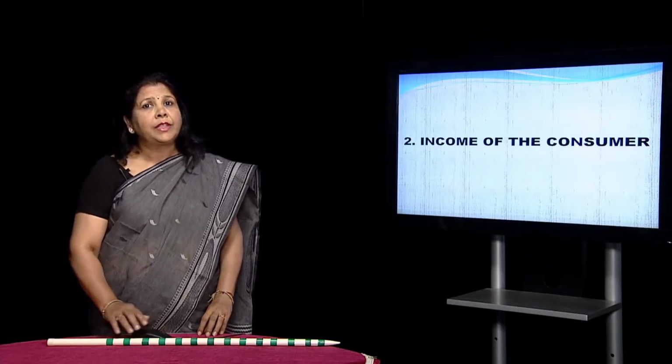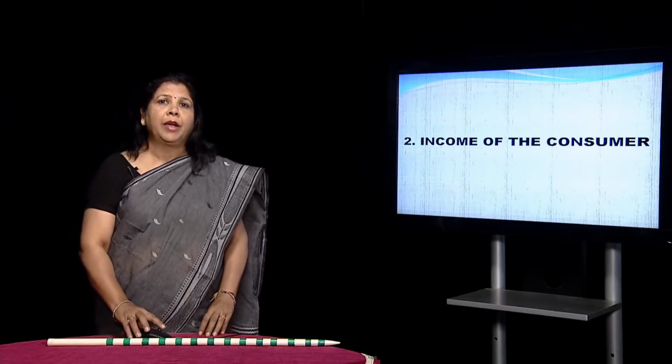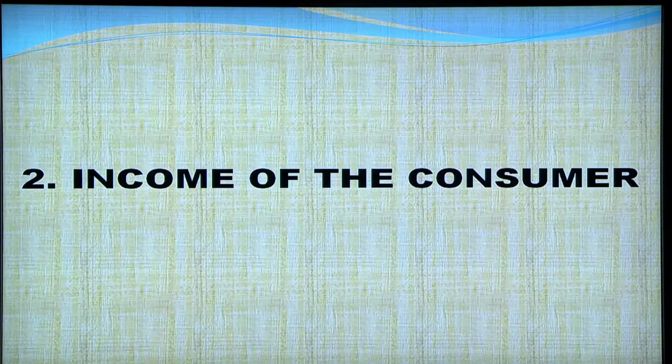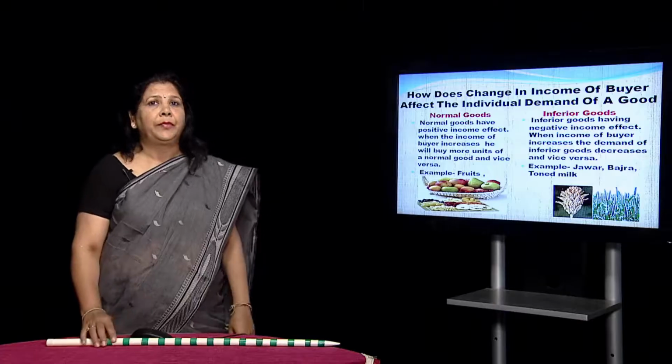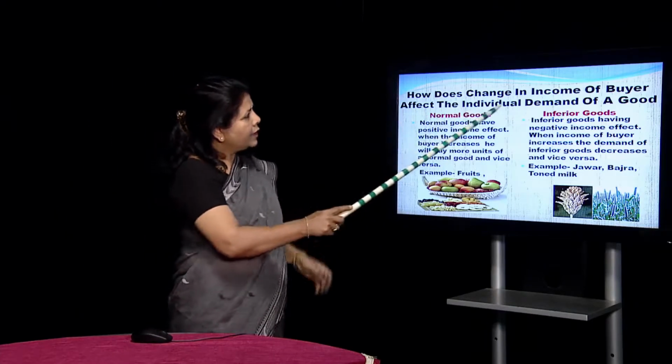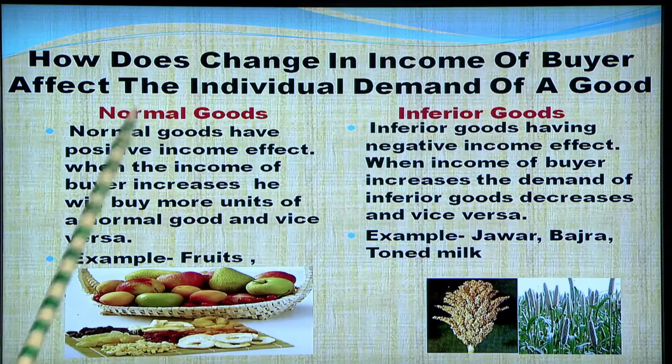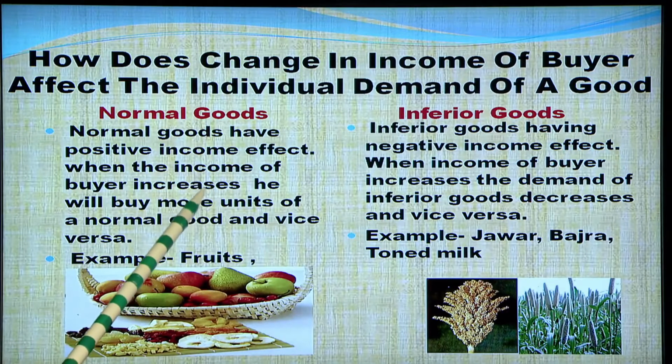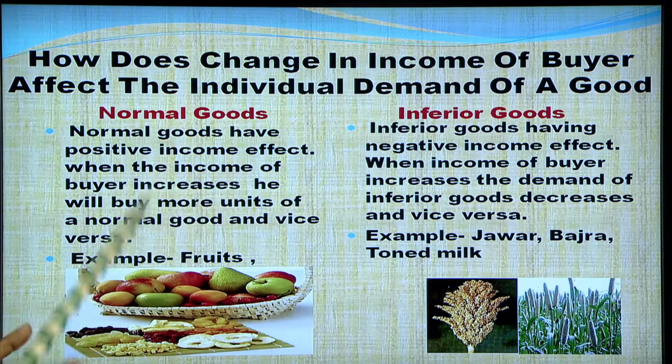Let us now come to the second factor affecting demand for a commodity, and that is the income of the consumer. Let us see how this happens. Does change in income affect various goods differently? Yes, as the slide here shows, it does.